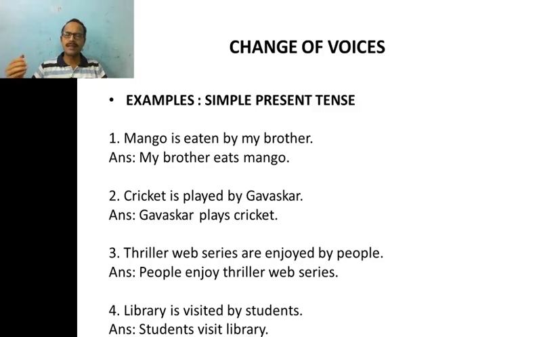Main verb we need not check because all the main verbs in passive voice sentences are in only past participle form. So the main verb doesn't suggest the tense of the given sentence, right? So here only the auxiliary verb tells the tense of the sentence.